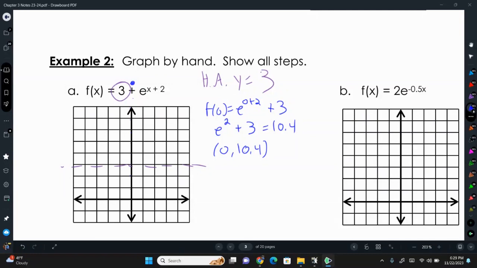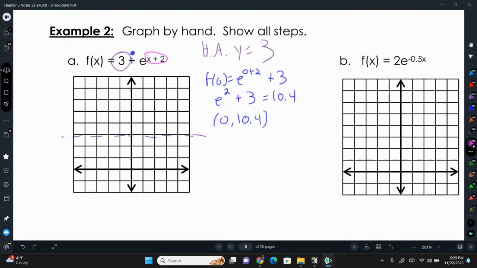Now, for our other point, we don't want to pick larger values of x. We want to pick smaller values of x so that our point is on the graph. We want to try to make the exponent equal to 1 or 0 if we can. Well, if we substitute -2 for x, that will make the exponent 0.